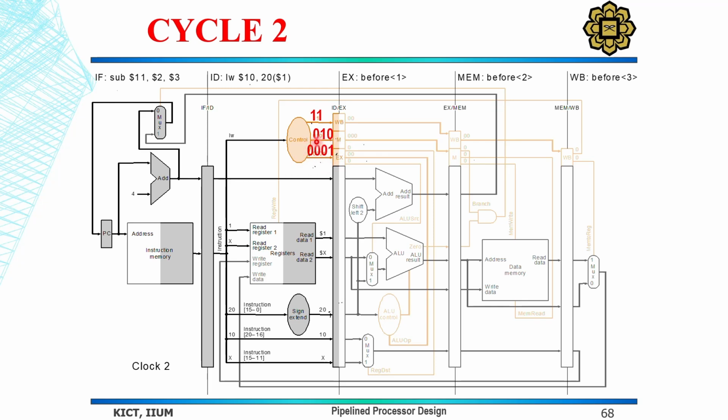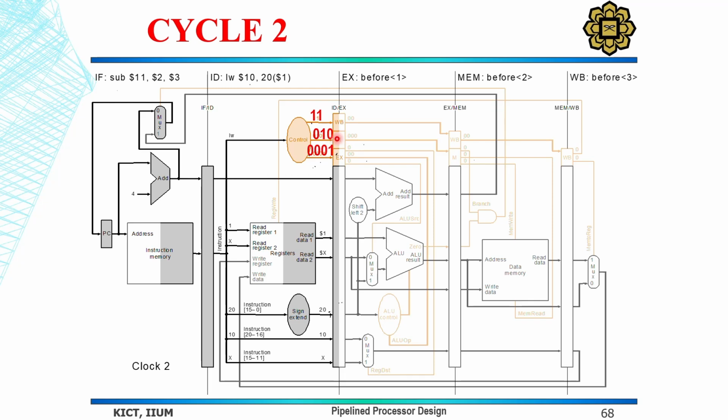Now, there are these 3 bits for the memory stage. Here again, this 0 is for the branch, so this is not a branch. Then there is 1, which means the memory needs to be read, so memory read is enabled, and memory write is disabled, because in load word we are not writing anything. So 0, 1, 0 is for that.